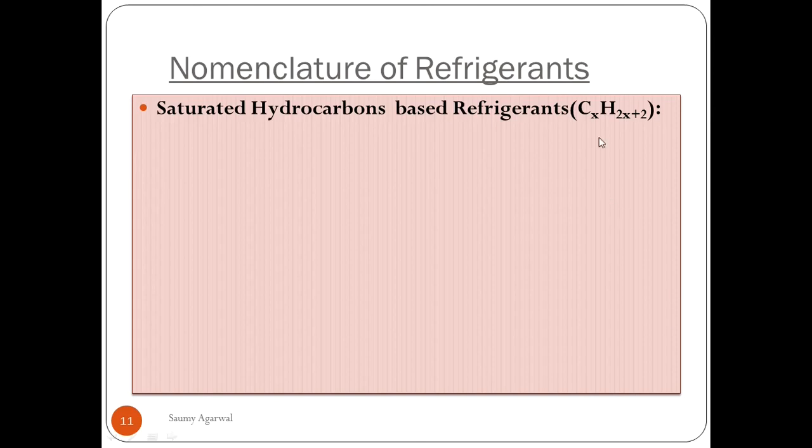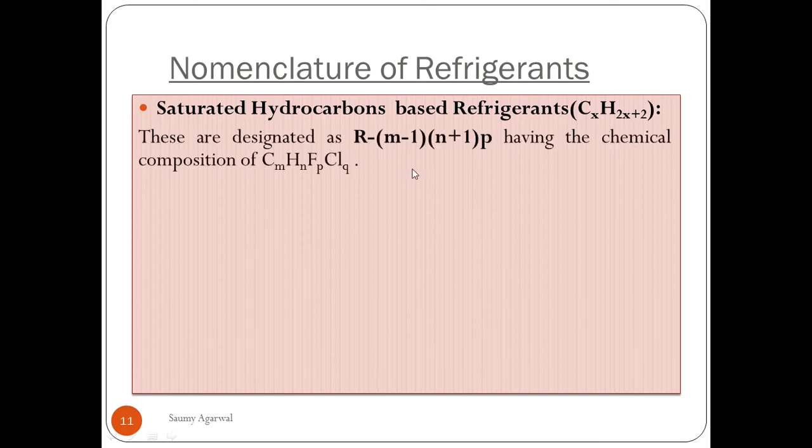If x is 1, then we get methane, which is CH4, and if x is 2, then we get ethane, which is C2H6.